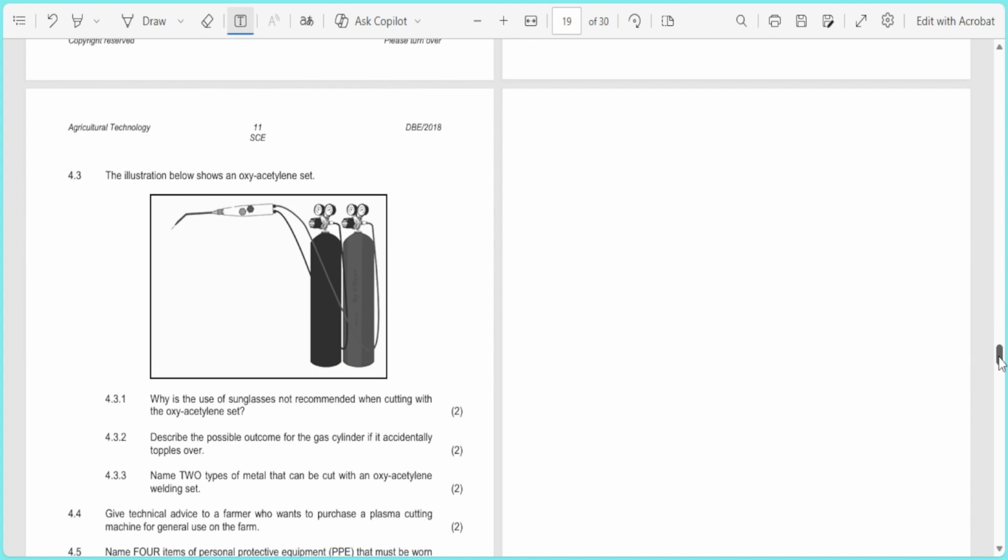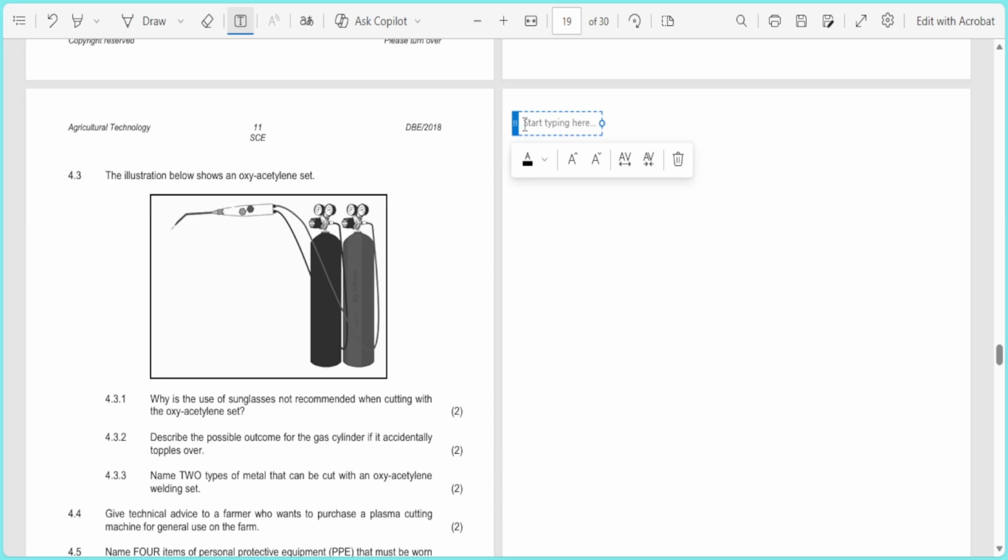All right, now let's go for 4.3. The illustration below shows an oxyacetylene set. When working with things like oxyacetylene, safety comes first.